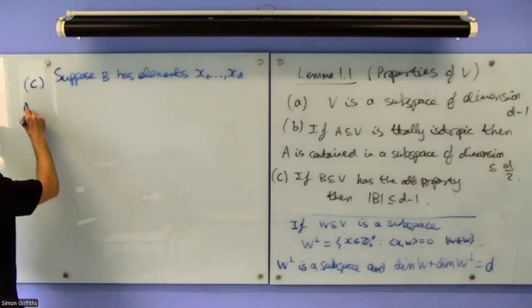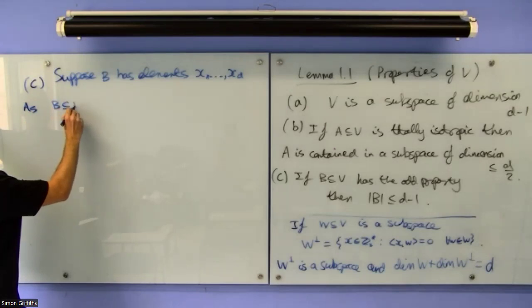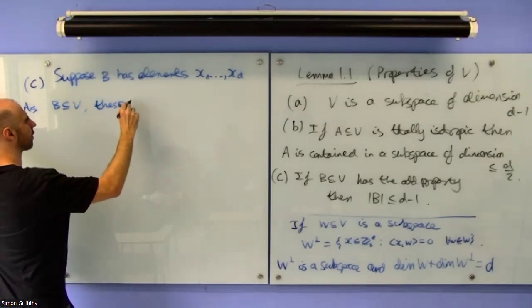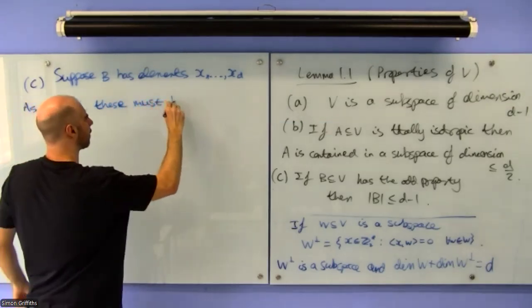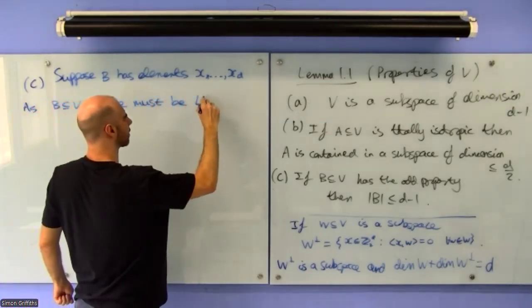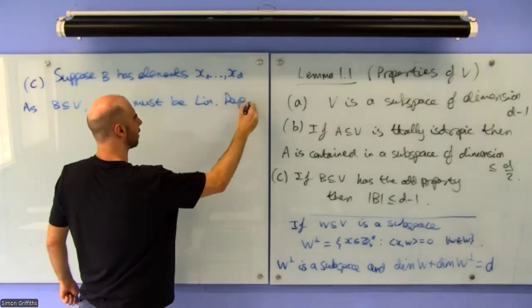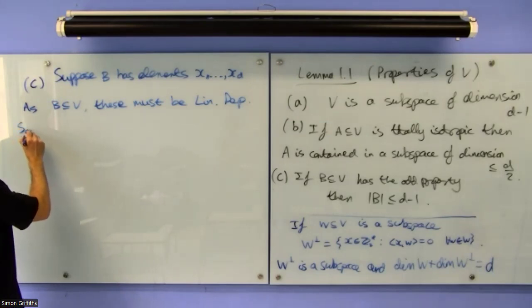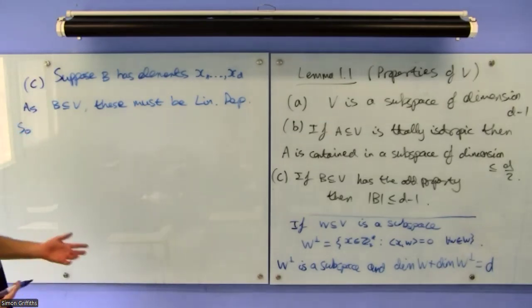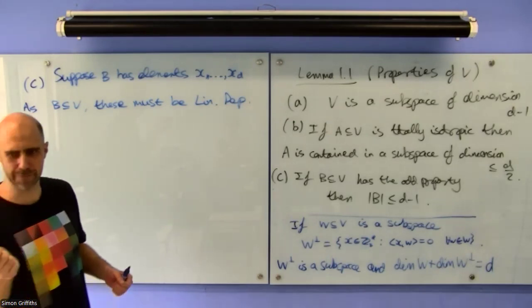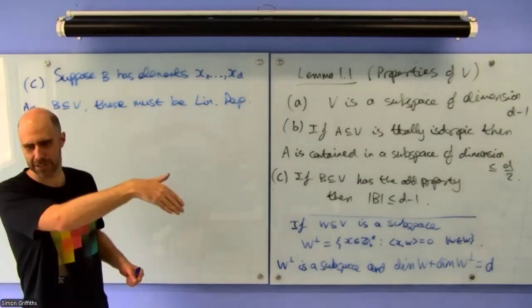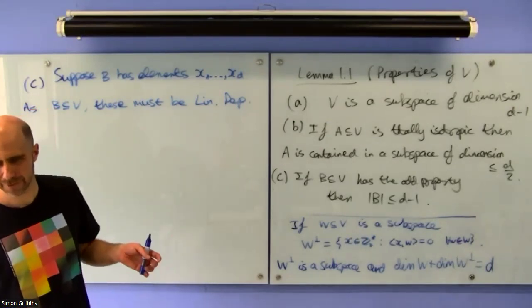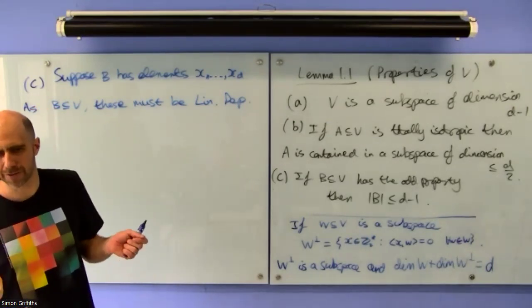Okay, so as B is contained in V, these must be linearly dependent. Usually, when you say linearly dependent, you have a sum with weights that adds up to 0, right? Here, the weights can only be 0 or 1.